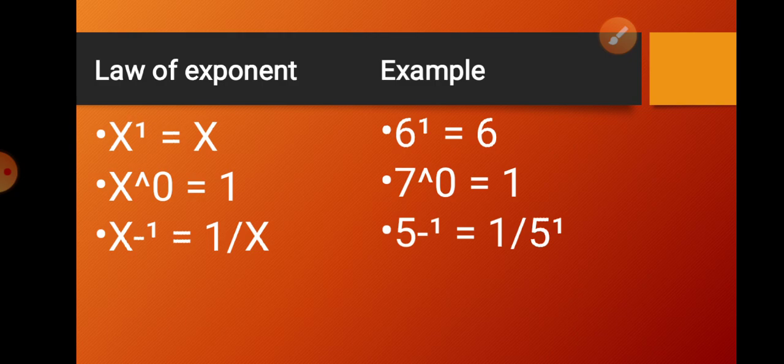First, 6 to the power of 1 is equal to the base or 6, and the second is 7 to the power of 0 is equal to 1, or if you have any number raised to the power of 0, it is equal to 1. And last is 5 to the power of negative 1 is equal to 1 over 5 to the power of 1.